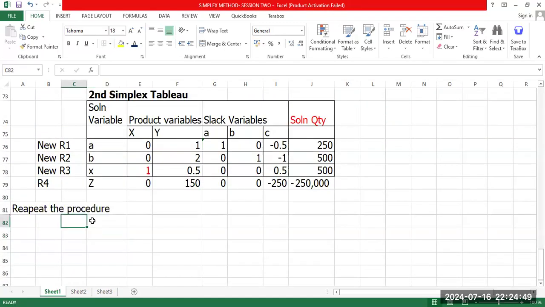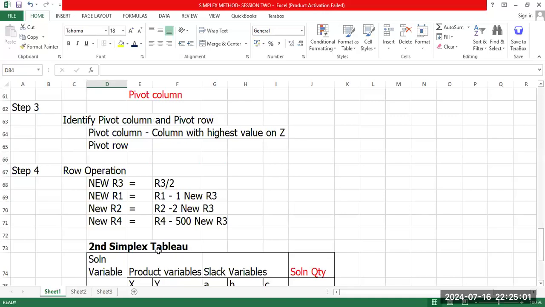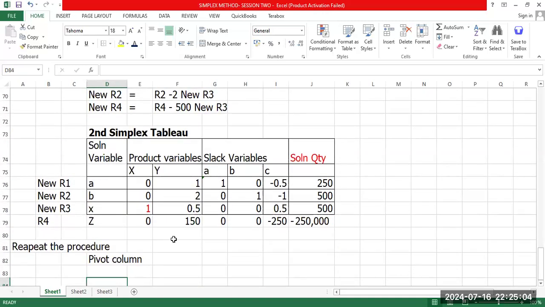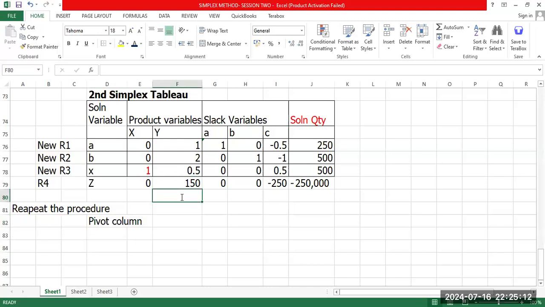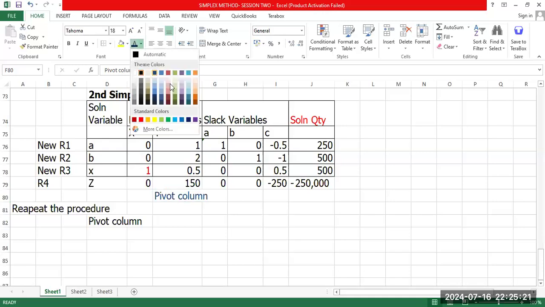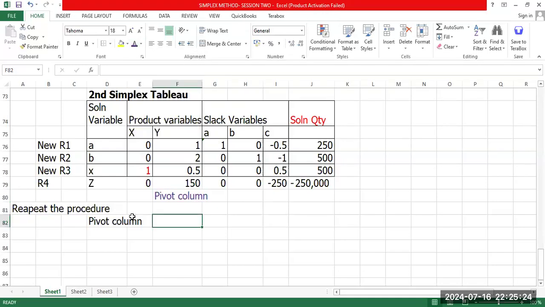What is the pivot column, Godfrey? What is the pivot column here? Can you scroll so I can see? That is the 150. Yes. So that will be our pivot column here. Once you do that, also identify the pivot row.